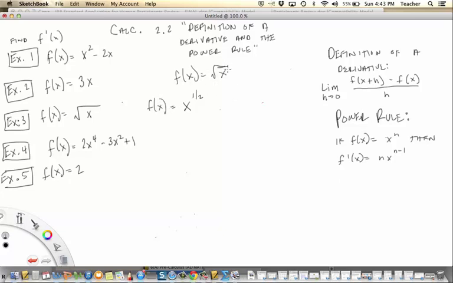I'll show the definition of a derivative tomorrow using this. But for this instance, we're going to take whatever the exponent is and put it in front. So now we have 1/2 times x. And then this is where it gets a little goofy: we're going to take 1/2 minus 1. We always have to take 1 less than what the exponent is. Okay, so that means that our exponent is now negative 1/2.